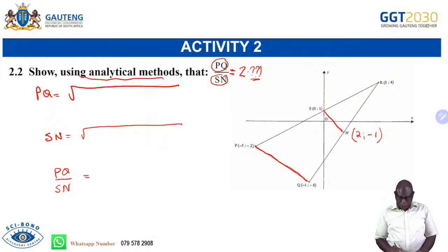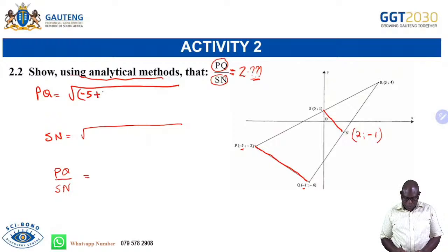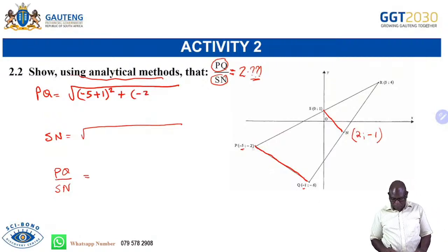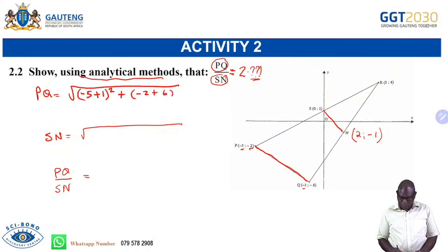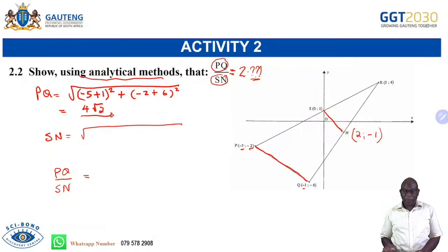So the length of PQ will be 5 minus -5, minus -1, which is plus 1, squared, plus -2 minus -6, so it will be plus 6, and that's squared. So the answer that I'm going to get in my calculator will be 4 root 2. So that's what I get.